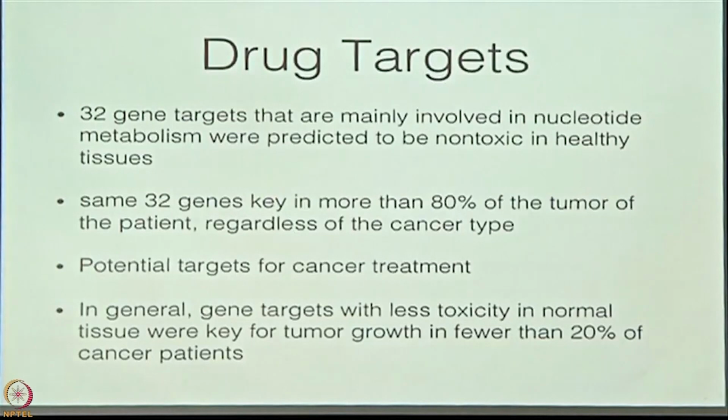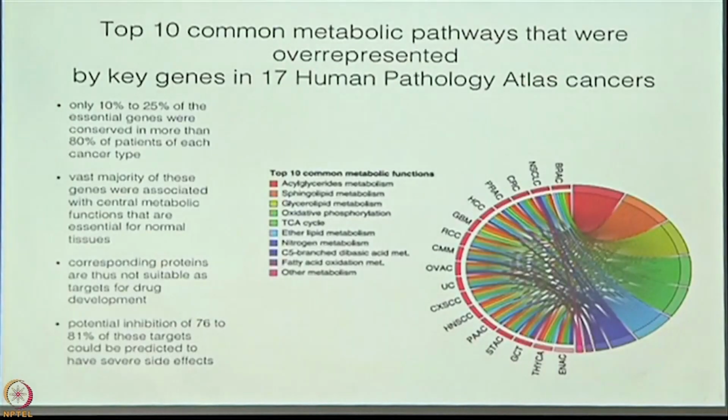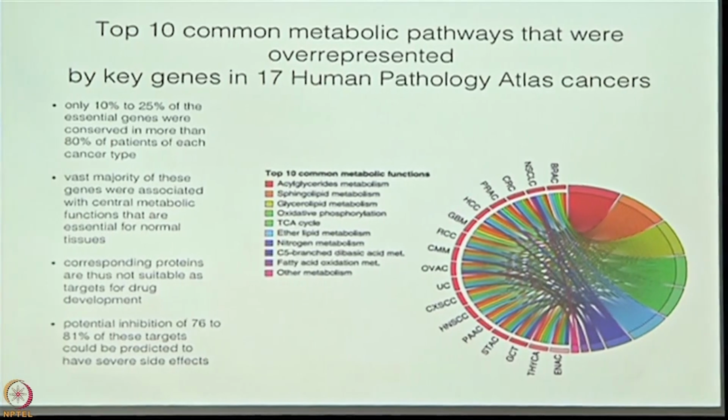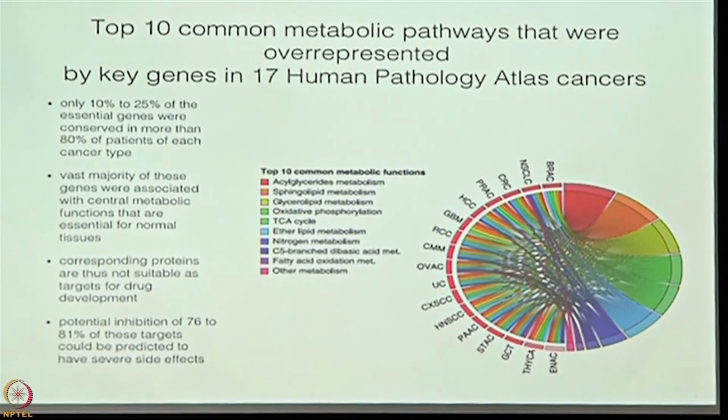Therefore, if you give anything to these patients, as I outlined before, there was a possibility that about 80% of these targets would have side effects. So, you hit the cancer, but you also hit the normal cell. And now, the concept of what chemotherapy does to a patient, I think you can begin to appreciate why they have so many problems.